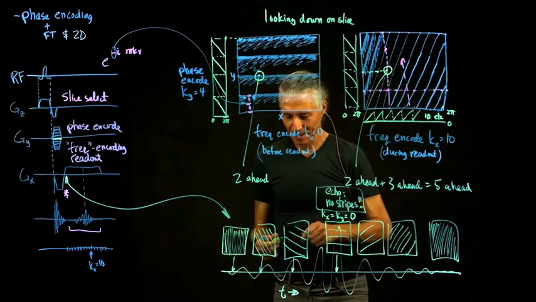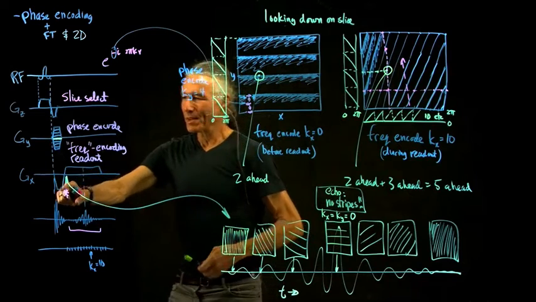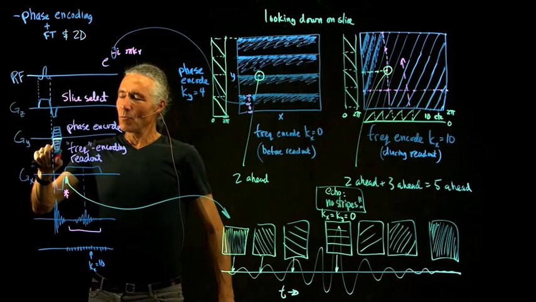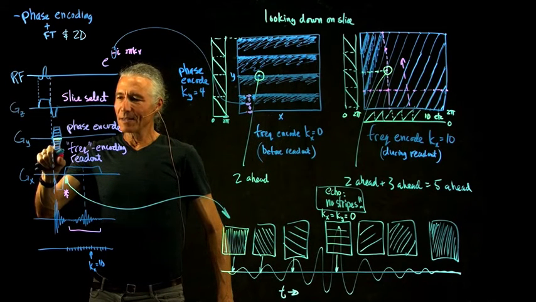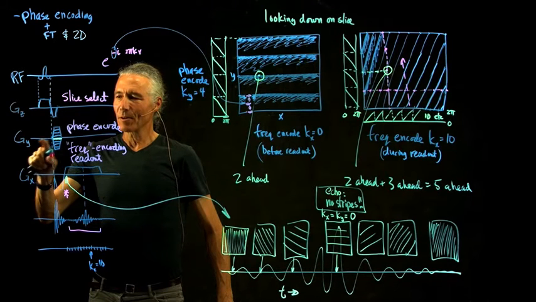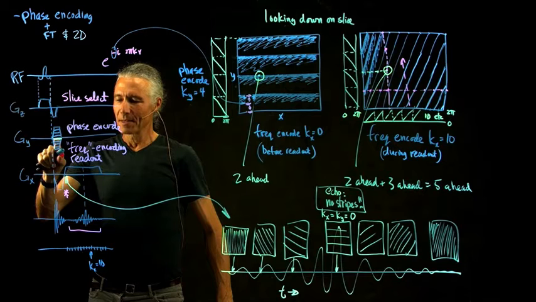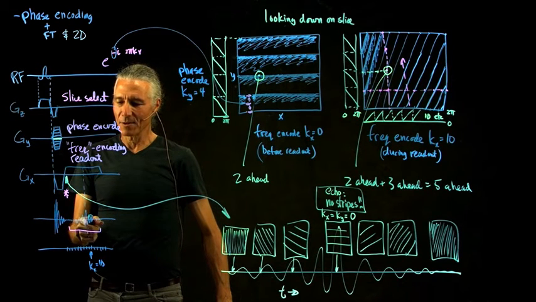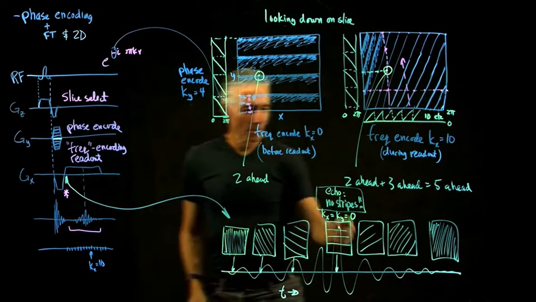So the idea is that a valid phase encode is the phase encode gradient off. During the phase encode gradient off, when we go through the center of the readout, we'll have no stripes.